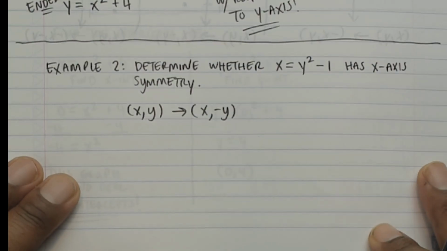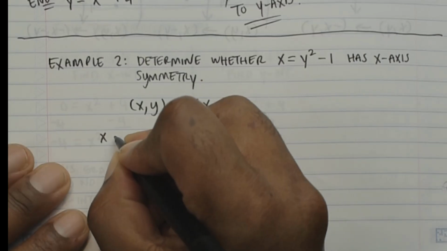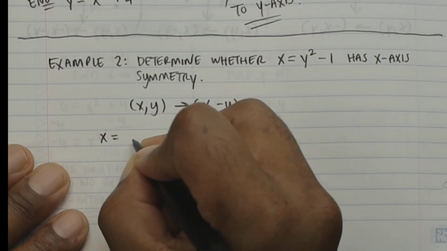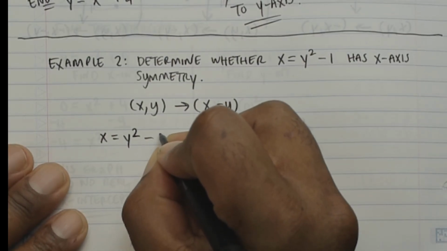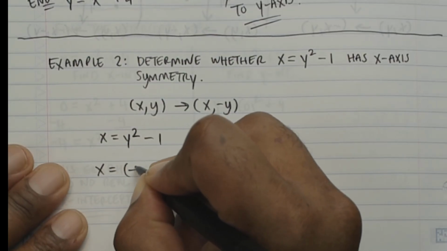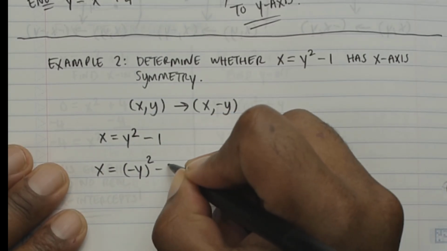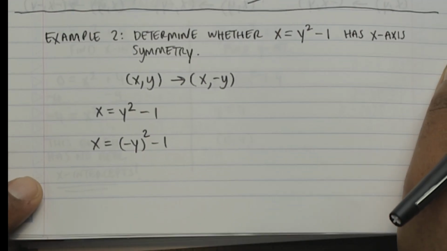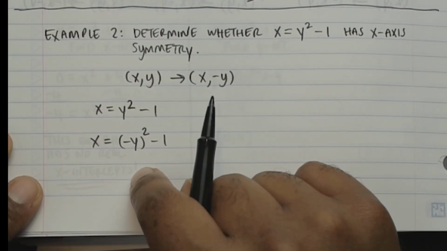Okay. So in doing that, we want to write our equation, which is x equals y squared minus 1. We're going to replace the positive y with a negative y: x equals negative y squared minus 1. And again, negative y squared is negative y times negative y.